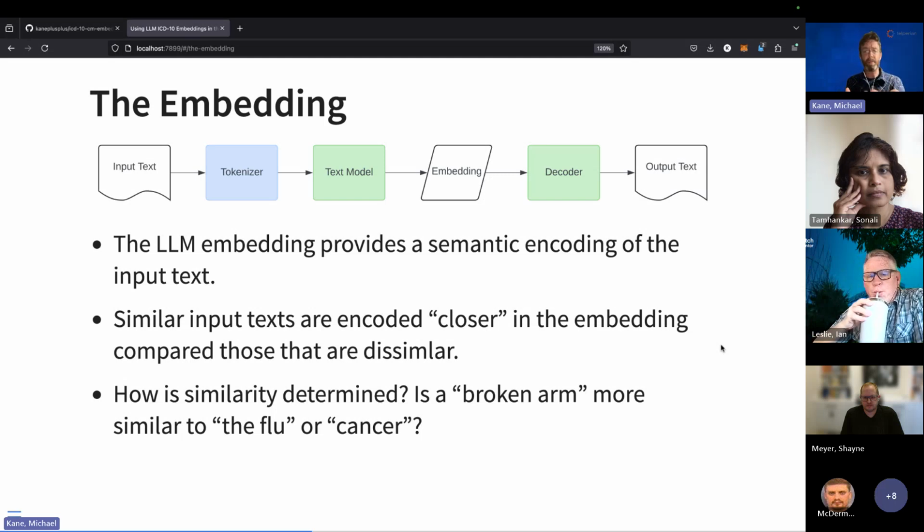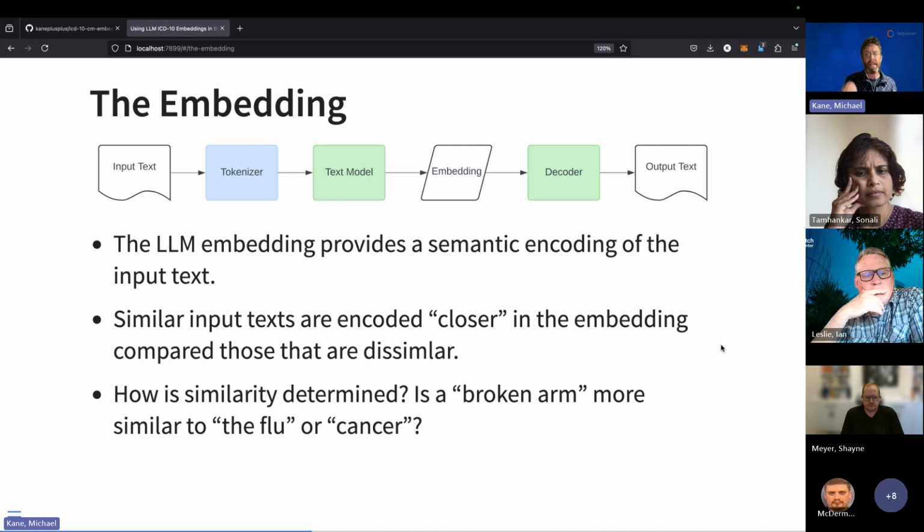It goes into a text model, and from that we get an embedding. The embedding is a vector representation of the data after it's gone through the text model. If you're generating outcomes, there's usually a perturbation on the embedding, a parameter usually called the temperature, and then it's decoded into output text.